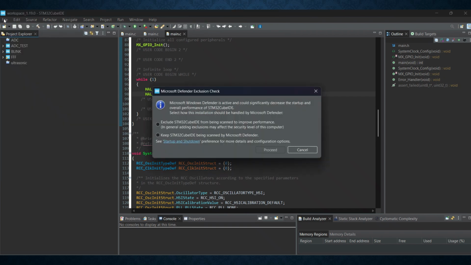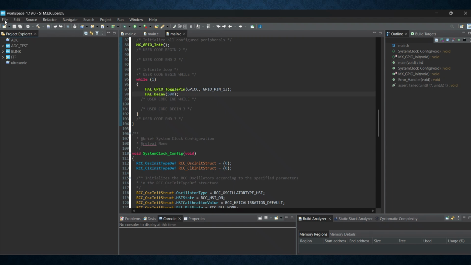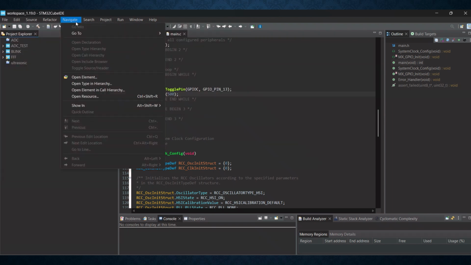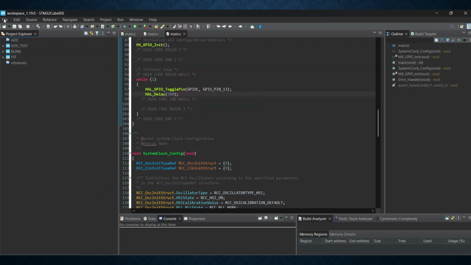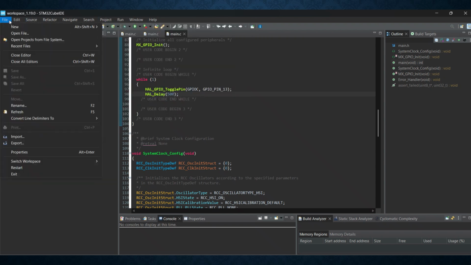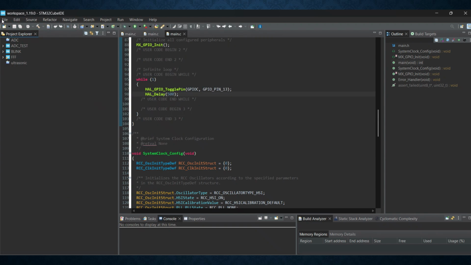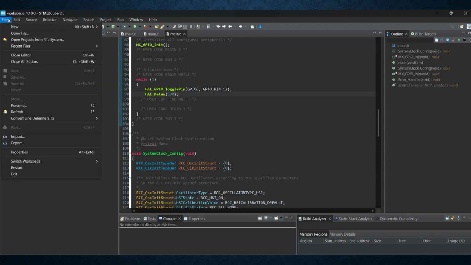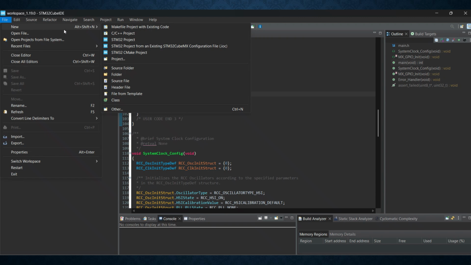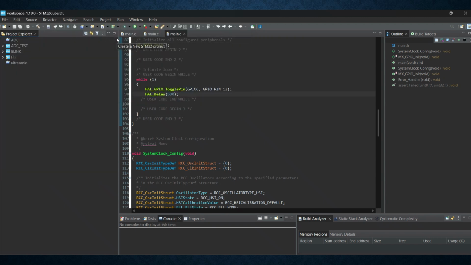First, go to the file, new. In file, go to the new, then STM32 project.